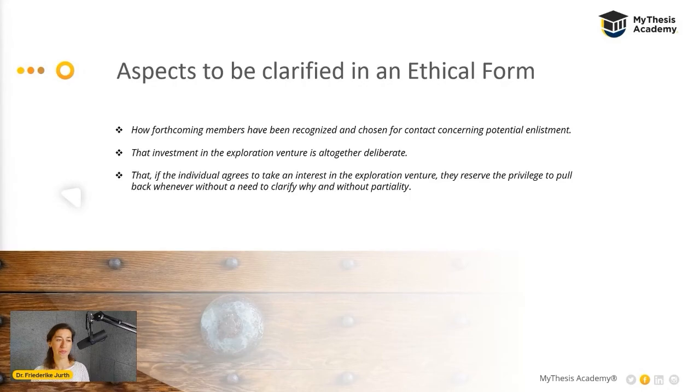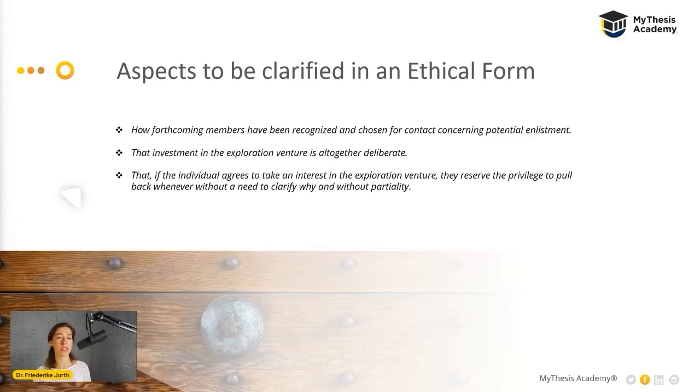Yeah. As we are dealing with the aspects that have to be clarified in an ethical form, I also would like to provide some official definitions. So here we have at least 5 points which are formulated like that.